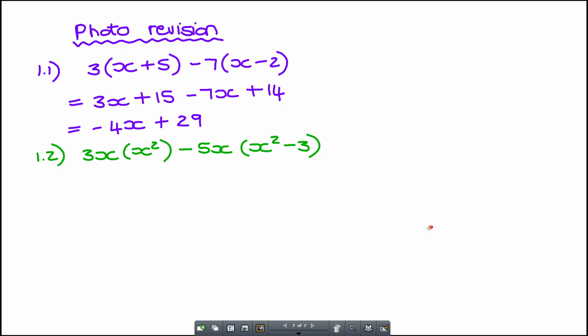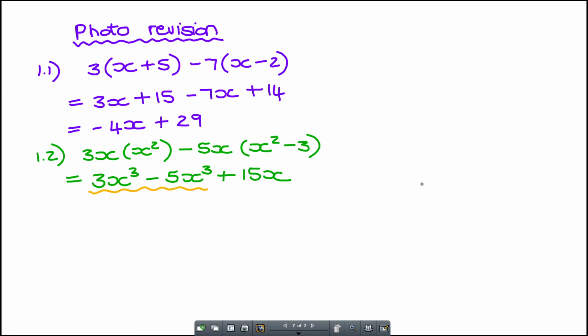Okay, so over here, I've got to multiply in. So 3x times x squared will give me 3x to the power of 3. Then the minus 5x, I also have to multiply in. So minus 5x to the power 3. And then minus 5x times minus 3 will become positive 15x. Now I want you to see that these two both have x to the power 3.